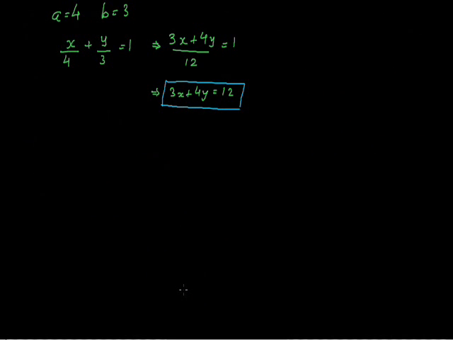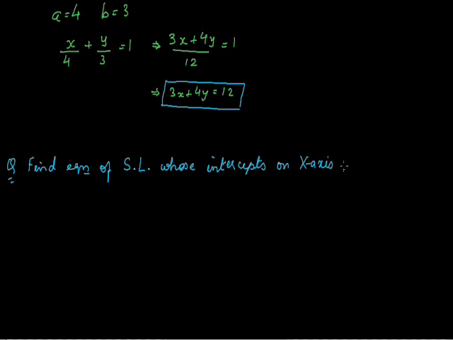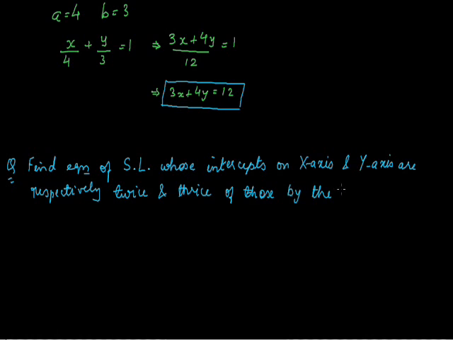Moving on to the next question: find the equation of the straight line whose intercepts on x-axis and y-axis are respectively twice and thrice of those by the line 3x + 4y = 12.